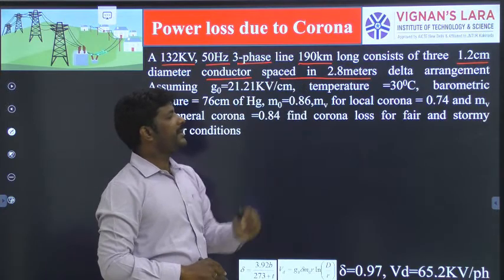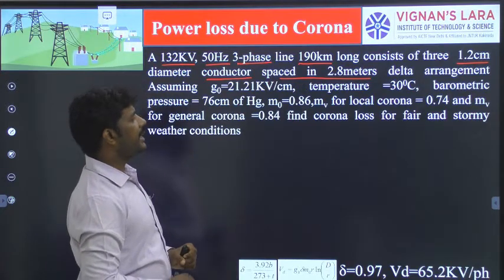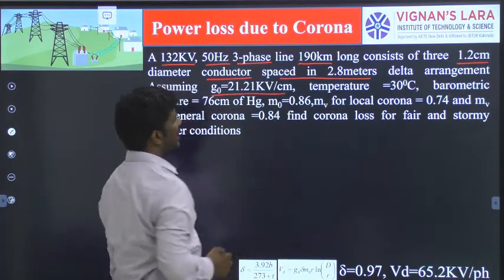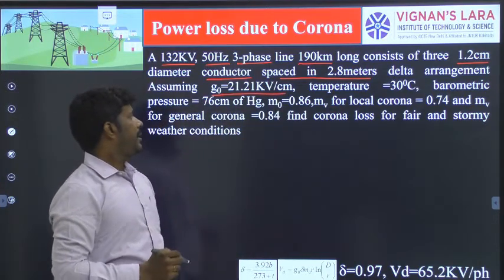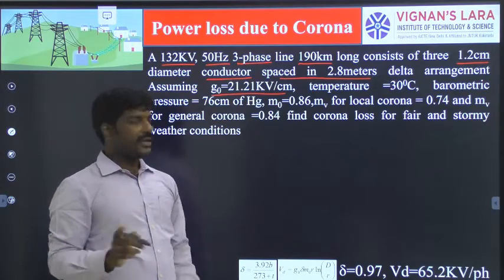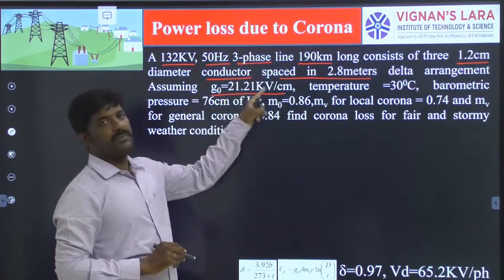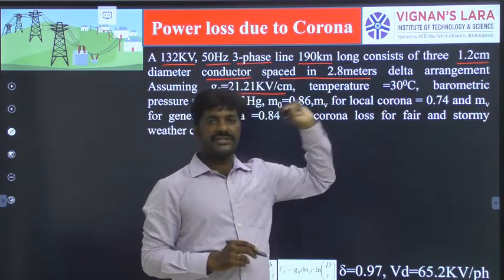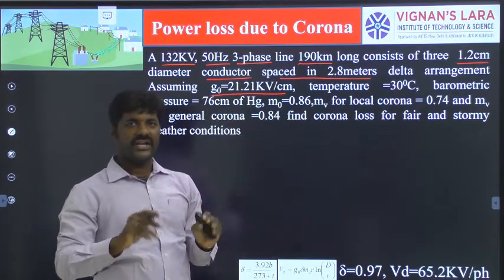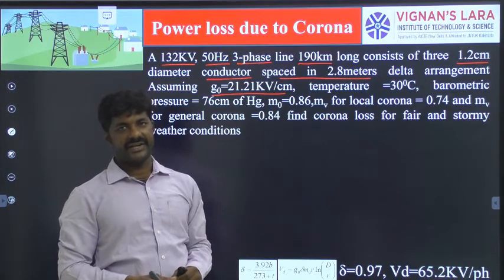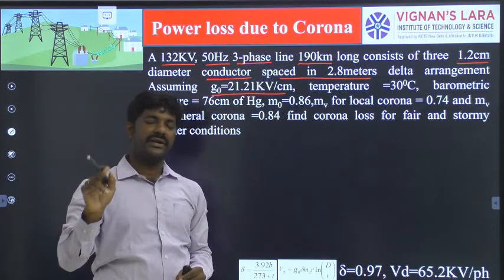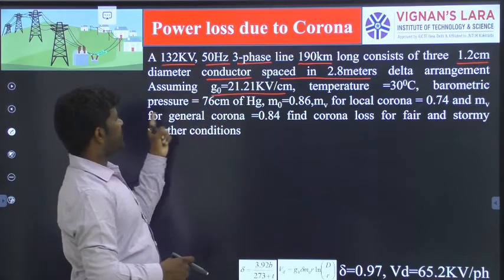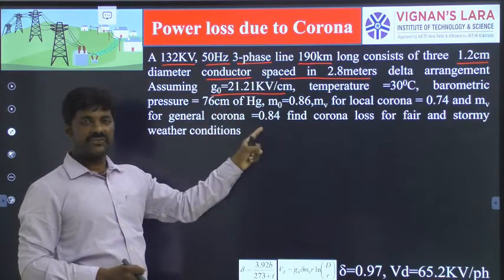So 2.8 meters is the spacing between any two conductors, and assume G naught, as we already know, is the breakdown strength of air, 21.21 kV per centimeter, and the operating temperature is 30 degrees centigrade. Since it is not equal to the standard temperature of 25 degrees centigrade, we have to calculate the air density factor delta. And the barometric pressure is 76 centimeters of Hg.